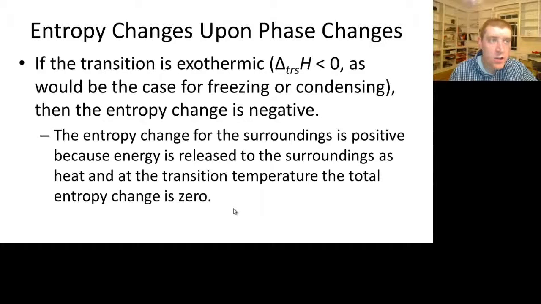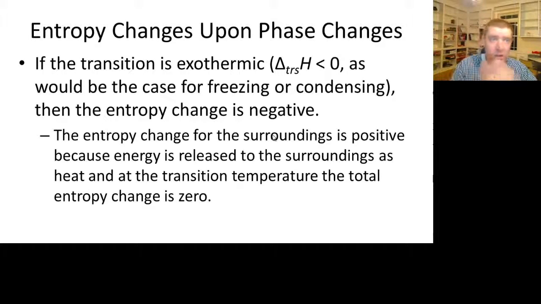Now if the transition is exothermic, then the transition enthalpy will be less than 0. This is the case for freezing or condensing, right? With freezing or condensing, we're releasing energy as heat to the surroundings. So if the transition is exothermic, then the entropy change is negative, which makes sense.